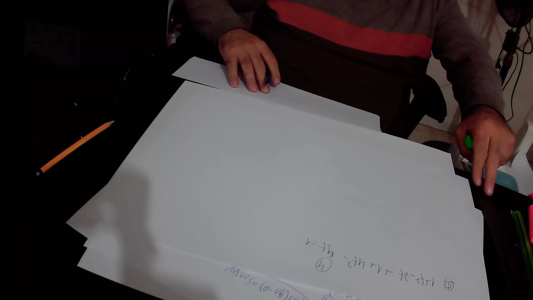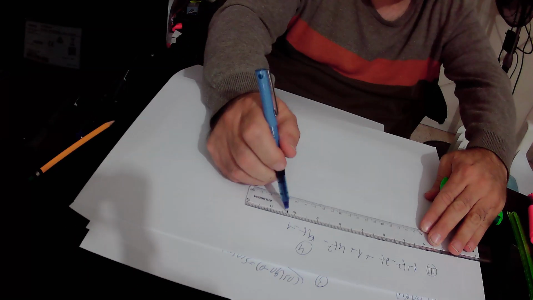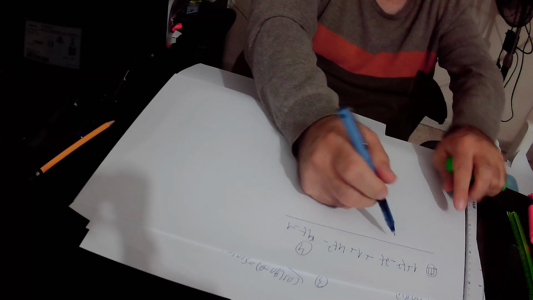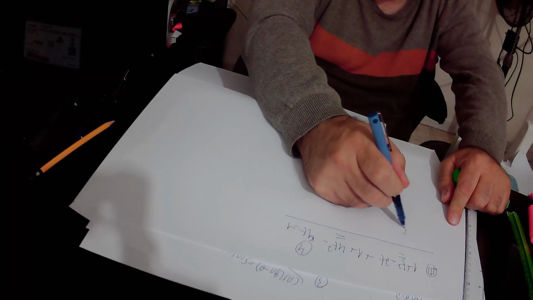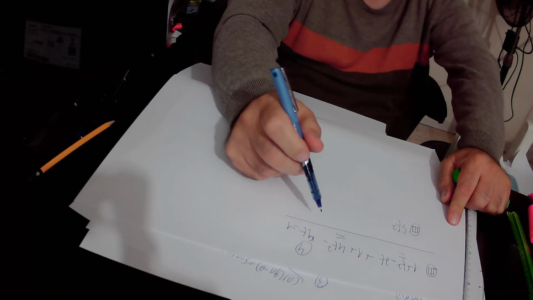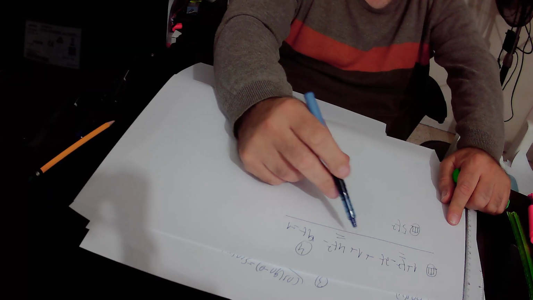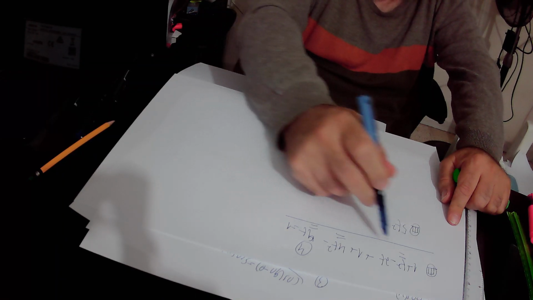Okay. So here we have t squared plus 4t squared, which is 5t squared. Minus 2t minus 4t is minus 6t.